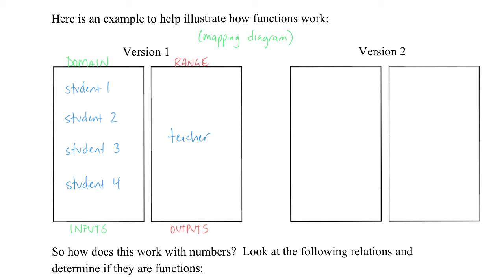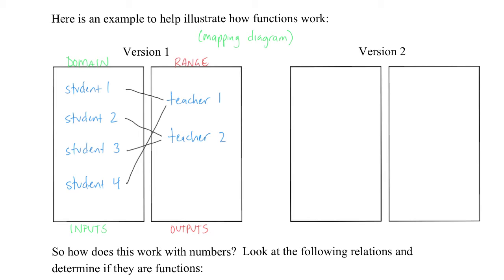Now, it might happen that there are multiple math teachers, right? So let's say there's teacher 1 and teacher 2. Student 1 gets assigned to teacher 1. Student 2 gets assigned to teacher 2, student 3 gets assigned to teacher 2, and student 4 gets assigned to teacher 1.